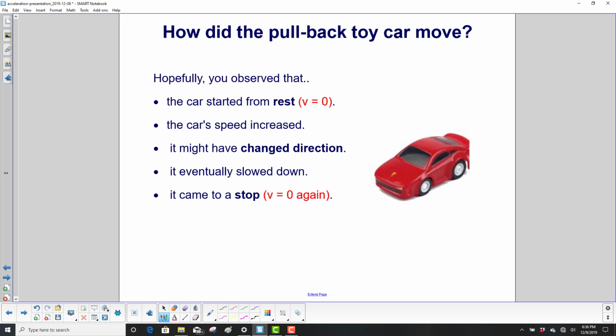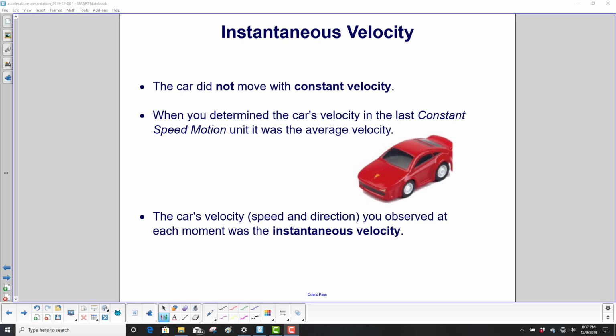Hopefully you observed that the car started from rest, v is equal to 0, the car's speed increased, and it might have changed direction. Eventually it slowed down and then came to a stop, so where you have v equals 0 again. The car did not move with constant velocity because it started out pretty fast and then it slowed down until it finally stopped.